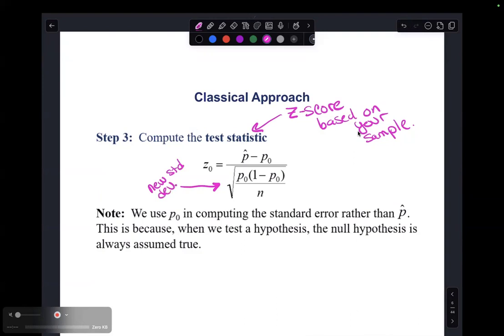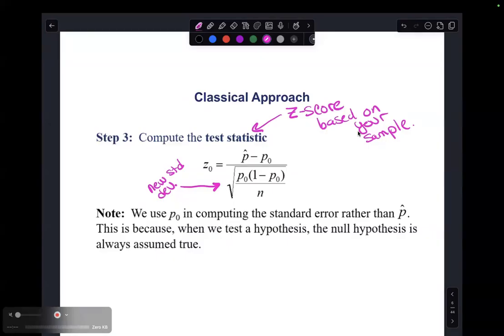So we do our p hat, which is our estimate, minus our p naught, which is the population. So p hat minus p naught, and divide it by the standard deviation. That's going to give us the z-score. This is the z-score that we are going to compare with the critical value, which is at the edge of our confidence interval.